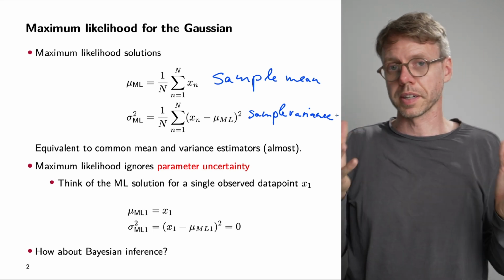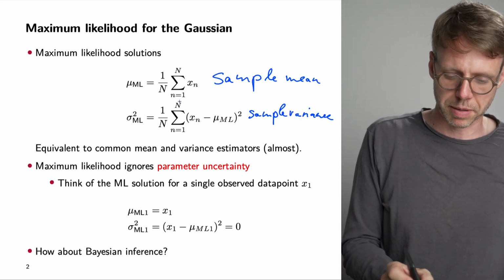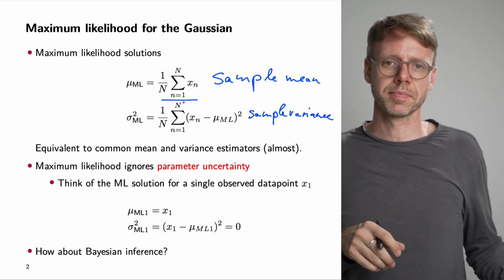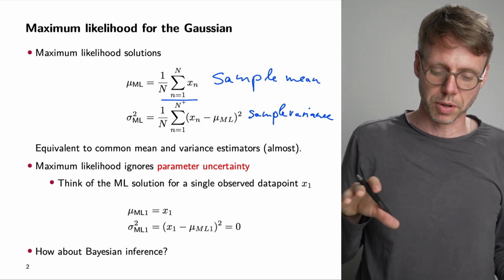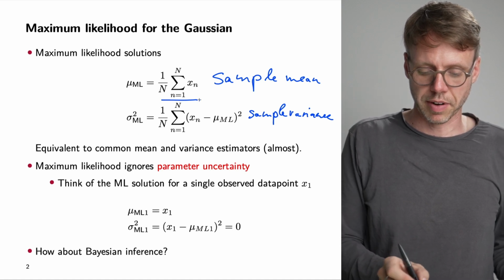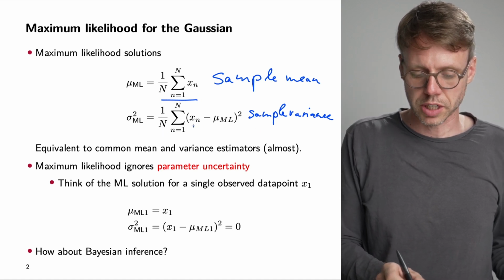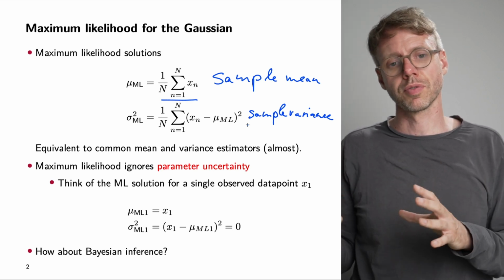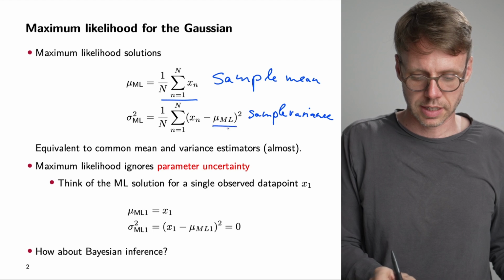So they are quite intuitive. Namely, the sample mean is just the average over all our data points, so the samples that we observe. And the sample variance is the average squared deviation of these points from this sample mean.